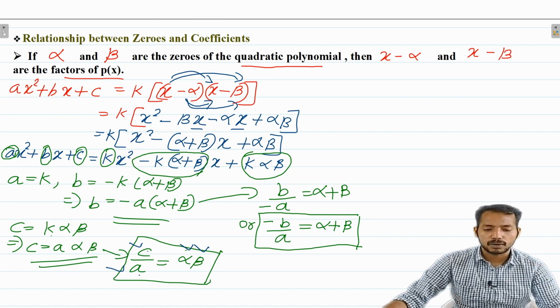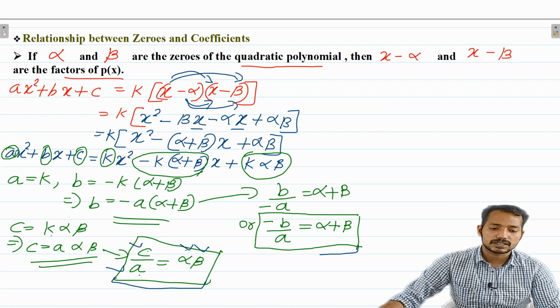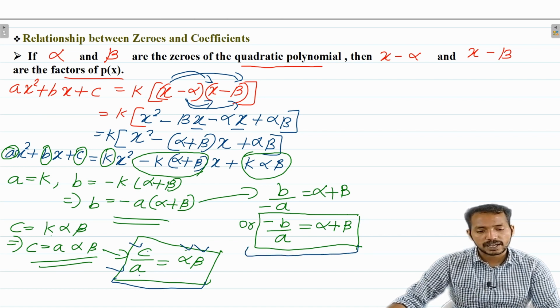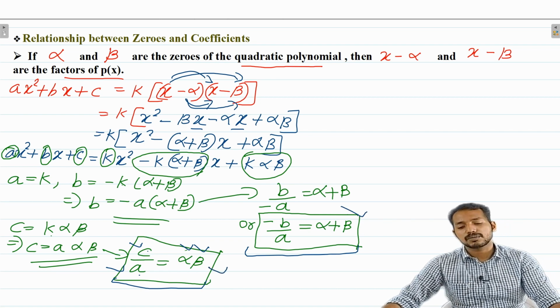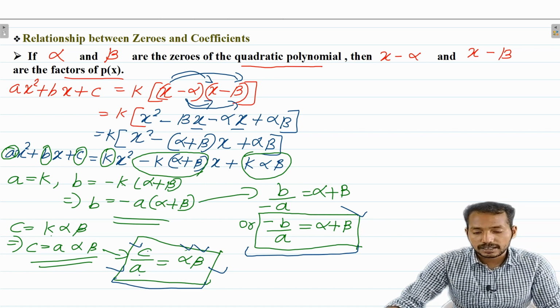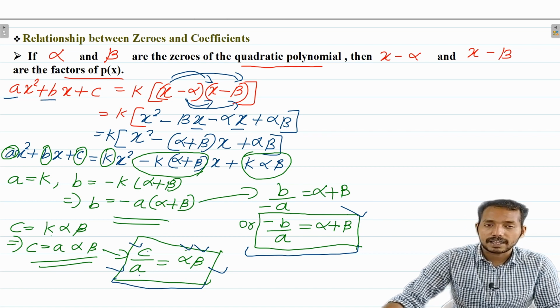So it is very important to remember these two relations regarding the quadratic polynomial. This derivation is not much important, but the final formula you have to remember: alpha plus beta is equal to minus B by A and alpha beta is equal to C by A, where A is the coefficient of x square and B is the coefficient of x.